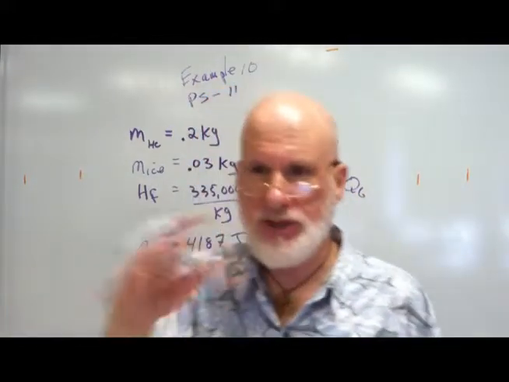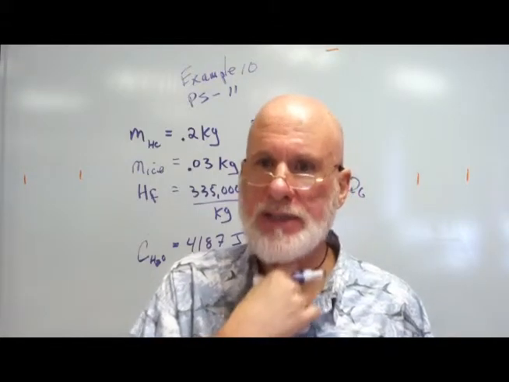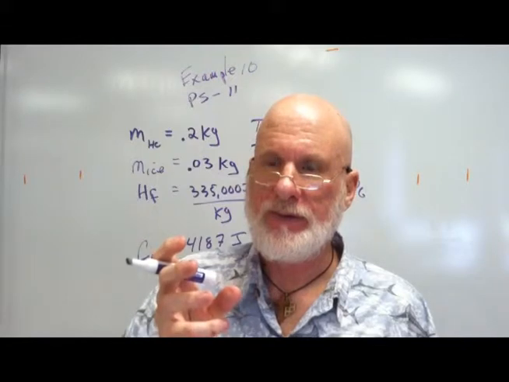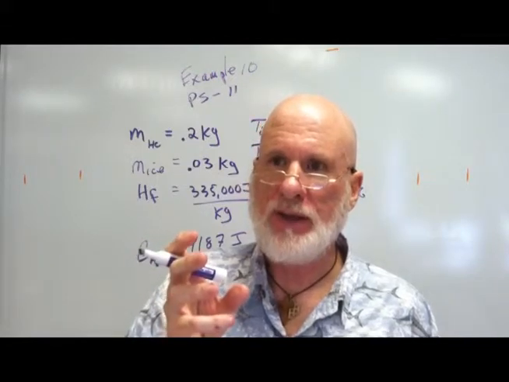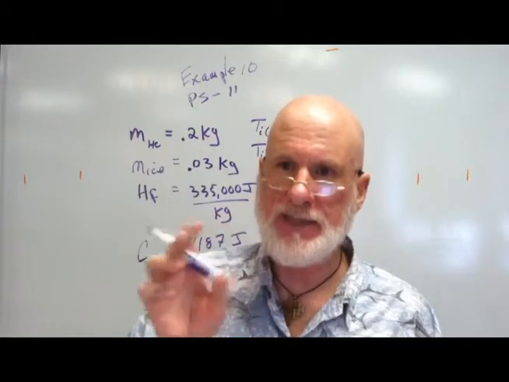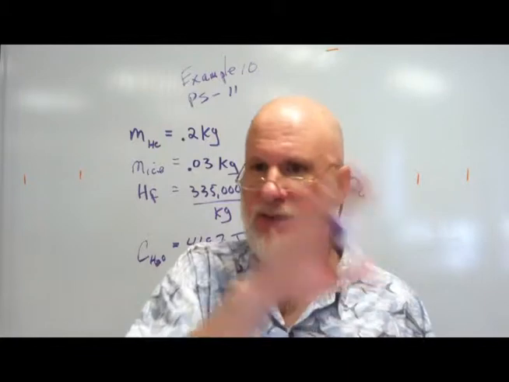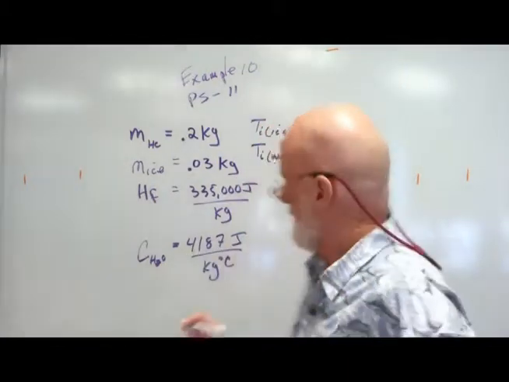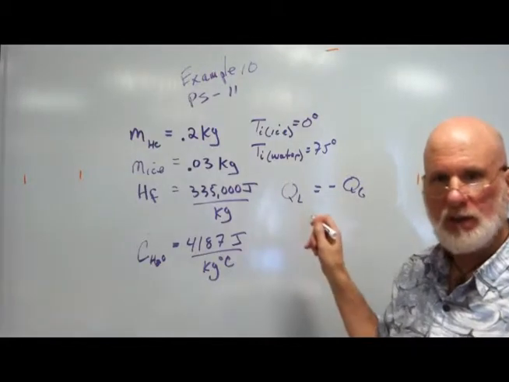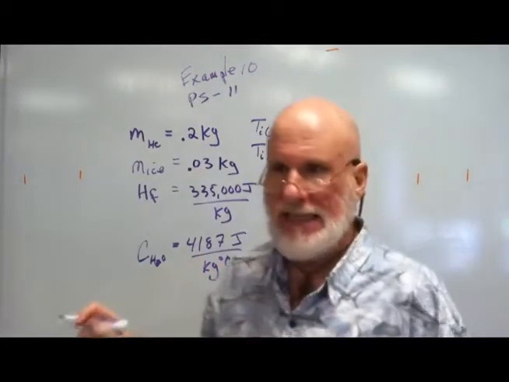What the book is doing is saying heat lost equals heat gained, and then switching the delta T to Ti minus Tf. They're kind of cheating a little bit, but that's mathematically incorrect. This is the correct way of doing it. Clear? The book is wrong. Understood?